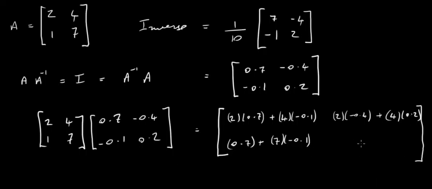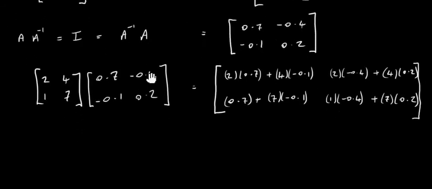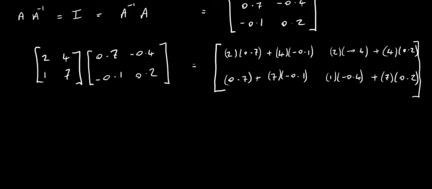Now let's do the last bit here. That's going to be 1 times minus 0.4, well that's just minus 0.4, plus 7 times 0.2. Okay, so let's work all this out. Let's just move this up a little bit and see what we end up with.